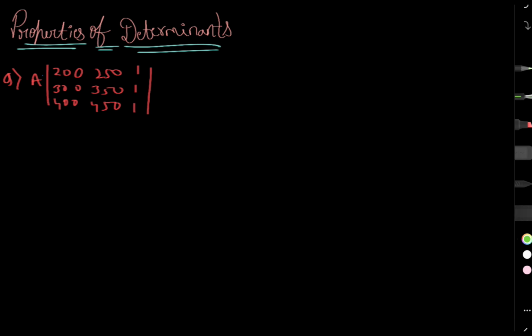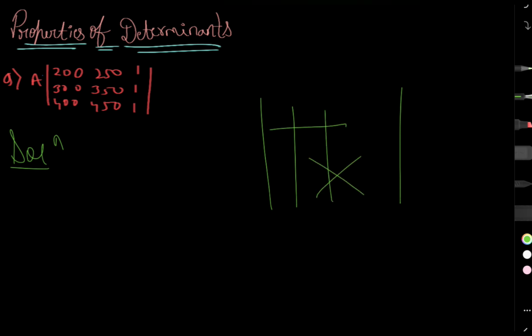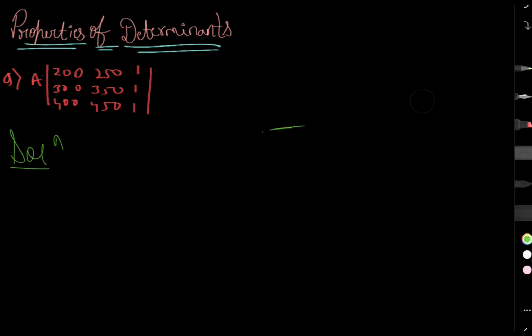So the solution is that they have given 2, 3, 200, 300, 400, 250. If I had simplified in the normal determinant way, it would take much calculation and much time for me. By applying properties we can solve it easily. How?